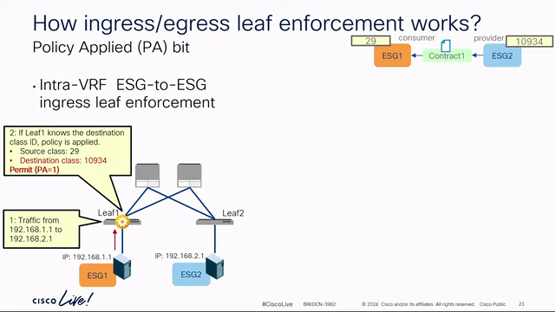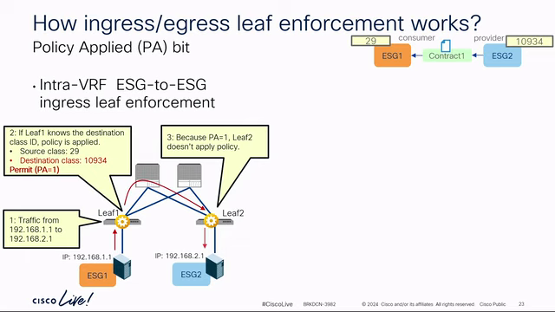If it's denied, it's better to deny it as soon as possible, instead of waiting for traffic to go to egress. Then the policy applied bit is set to 1, so that leaf 2, receiving traffic and taking a look at the VXLAN header, sees the policy applied bit is 1, which means leaf 2 doesn't need to apply policy. So leaf 2 ignores policy enforcement.